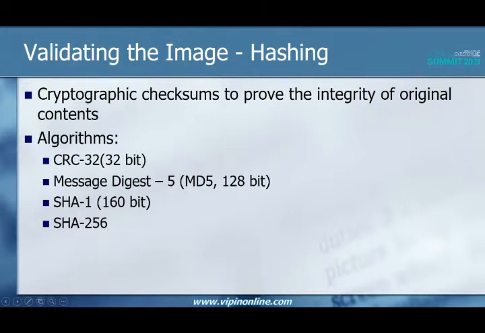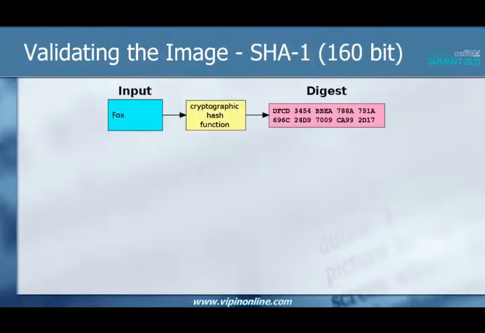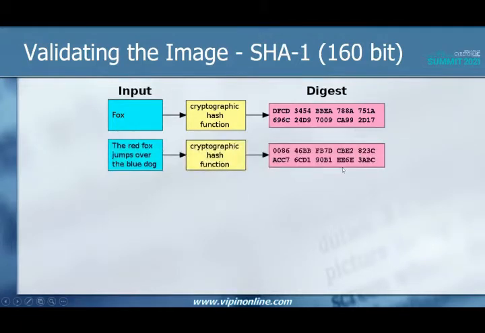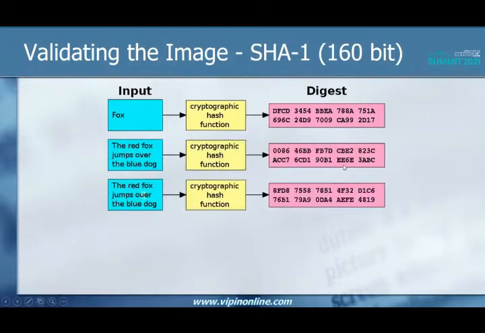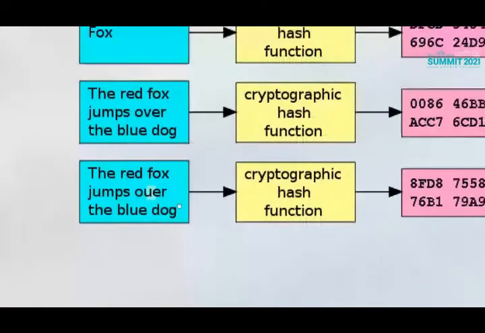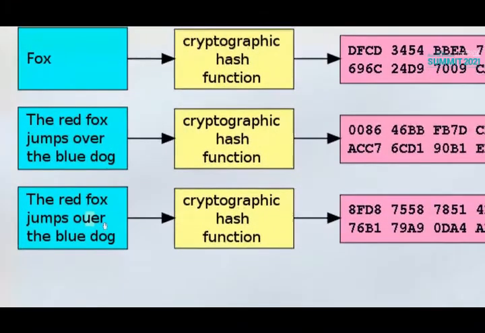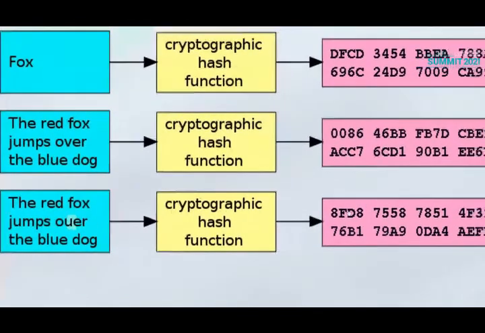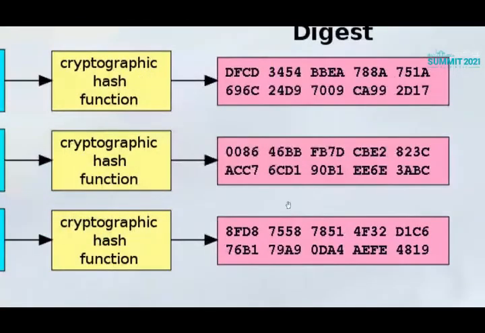Before that, I will show you what hashing is. Hashing is a mathematical operation. It's very simple. If you give an input to a cryptographic hash function, say SHA-1, it will give you a fixed length digest. And if you give another input, you will get another digest. If we alter a single bit of the input, look: instead of the O, we have replaced it with a U, but the change in the digest is huge.